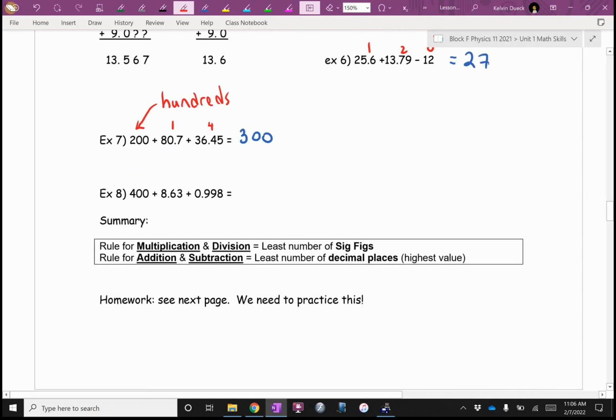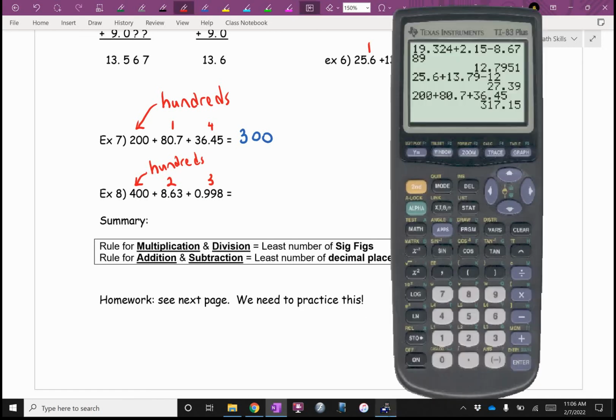With example 8, yeah, 2 decimal places, 3 decimal places, but this one here, instead of decimal places, Braden, I really think to myself, I can only go to columns. I can only go to the third column, the hundreds column. So again, I type this into my calculator as is.